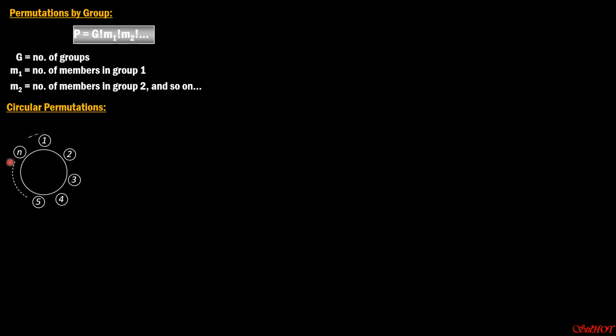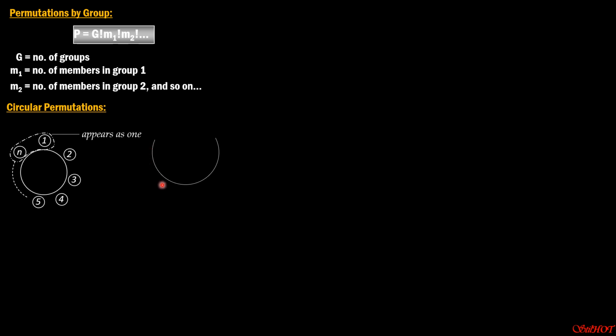So the first and the last appear as one object. Because of that, there will be n minus 1 objects to be arranged in a manner that is not a perfect square, a circle. So it's like this.